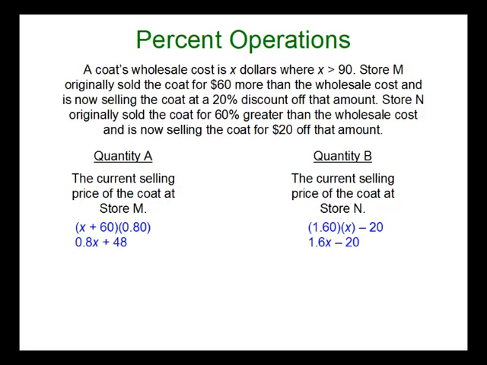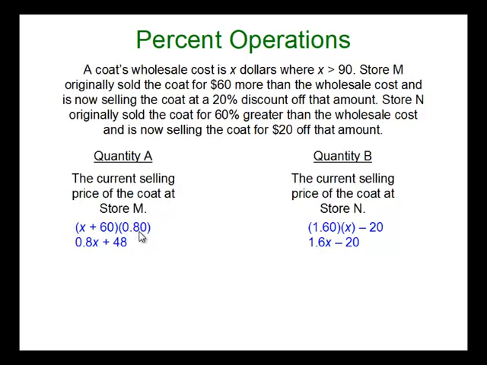We're told that store M sells the coat initially for $60 more than the wholesale cost. Okay, so that is X plus 60 right here. But then they mark it down and they sell it at a 20% discount. That means they're now selling it for only 80% of what they sold it for before. So 1 minus 20%.